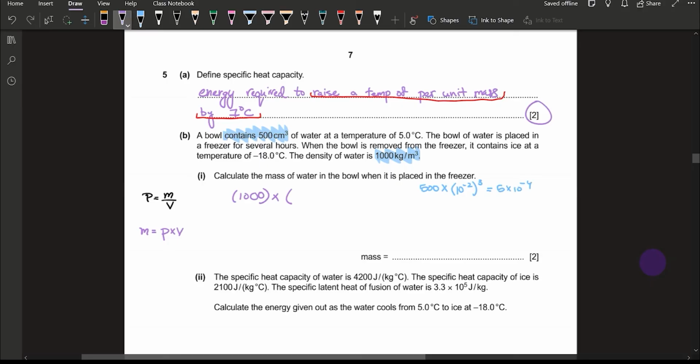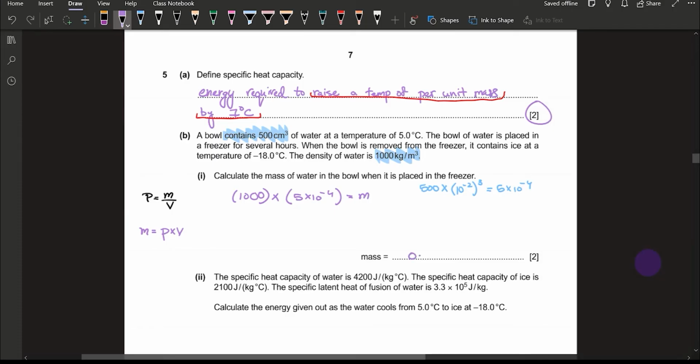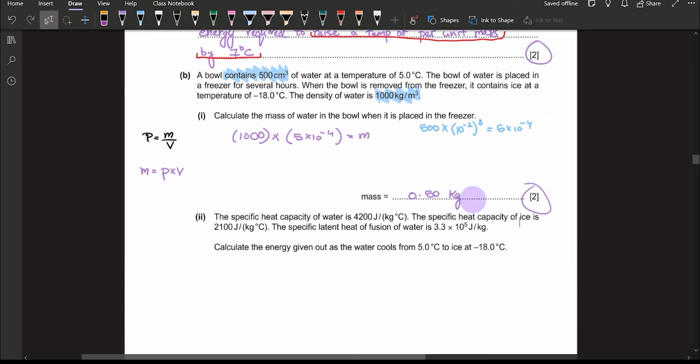So we can multiply this here, 5 times 10 raised to the power minus 4, and we get our answer for mass here. Just multiply this by 1000 and we'll get our answer as 0.50 kg. So we can write here 0.50 kg, and we'll get 2 marks for this.